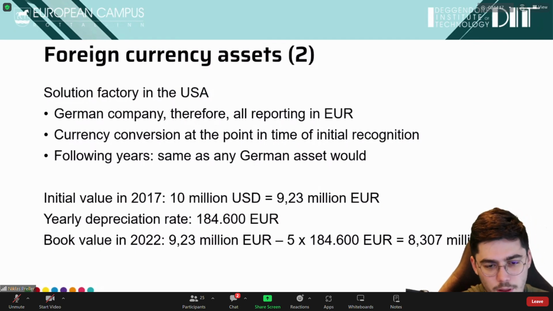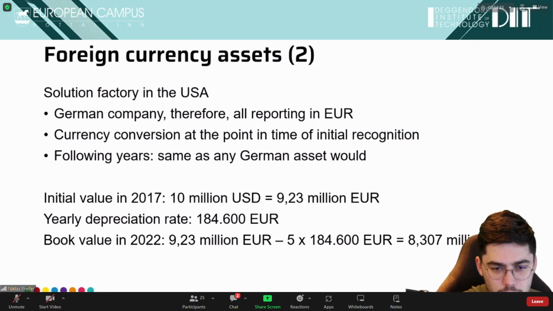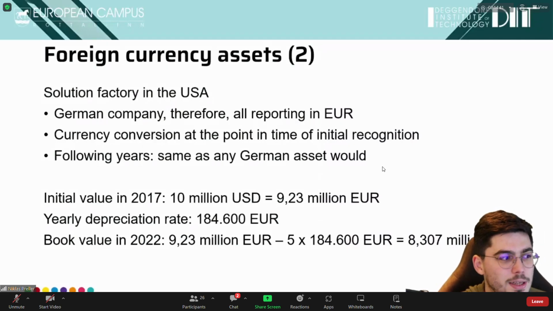So the exchange rate would drastically change, for example, from US dollar to euro. But from your perspective as a German company, when you valued that at euro rate, that doesn't affect your asset. In reality, it kind of does, because the resale value is affected, and that is the only thing we might have then in form of an impairment test, that the resale value calculated in euro changes for your asset.